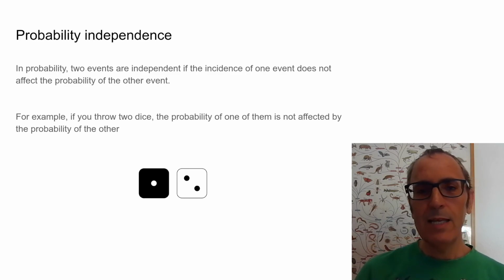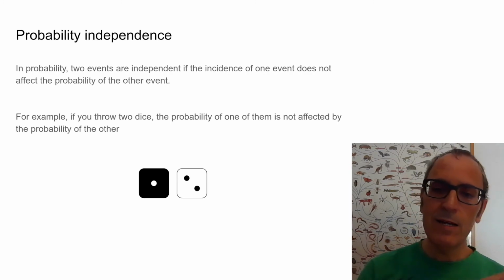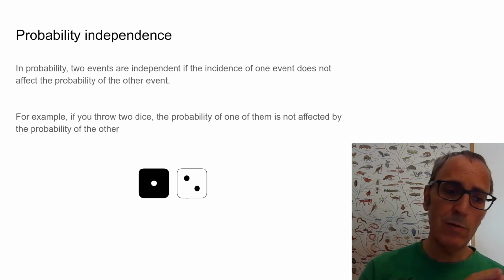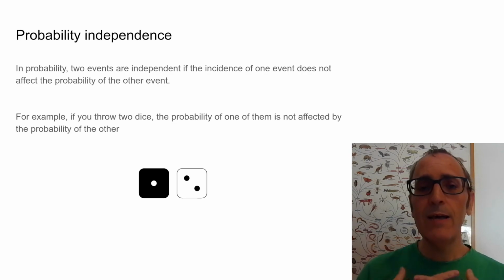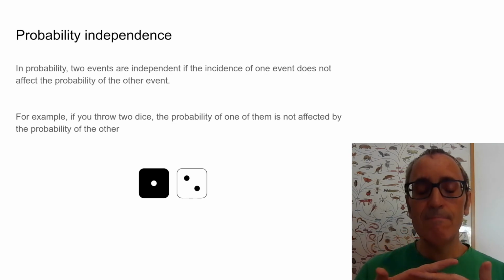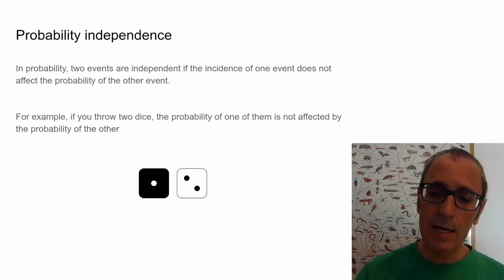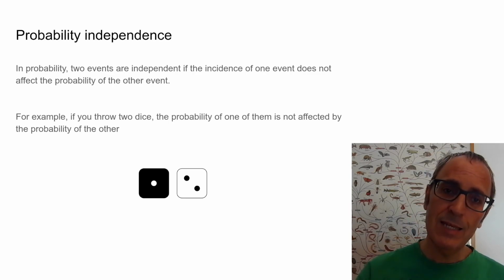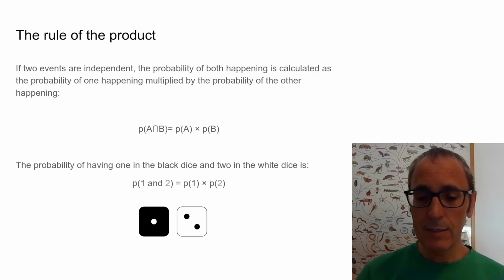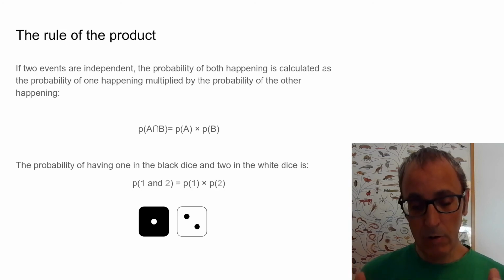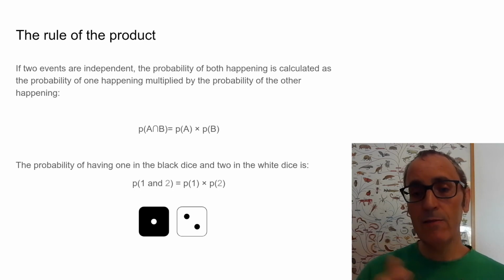In probability, two events are independent if the frequency of one event does not influence the other. For instance, if we throw two dice, the outcome of each throw is independent from the outcome of the other throw.